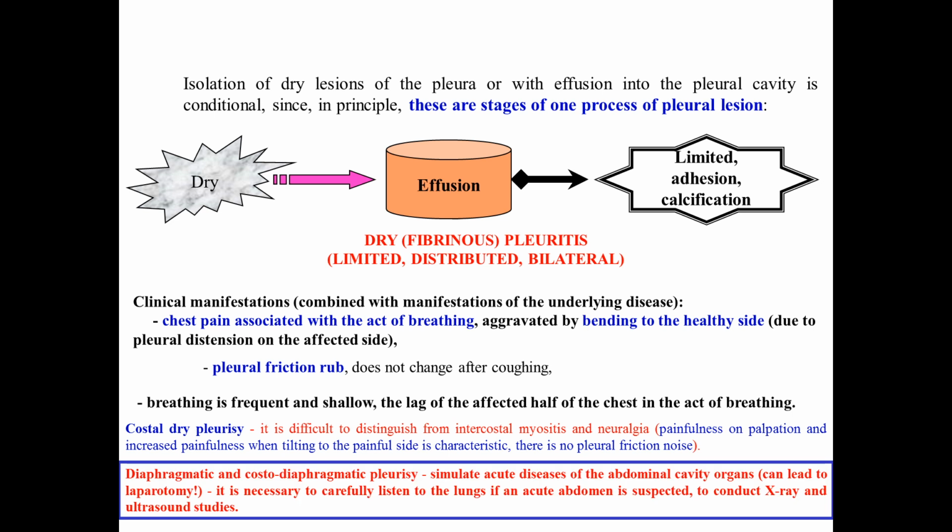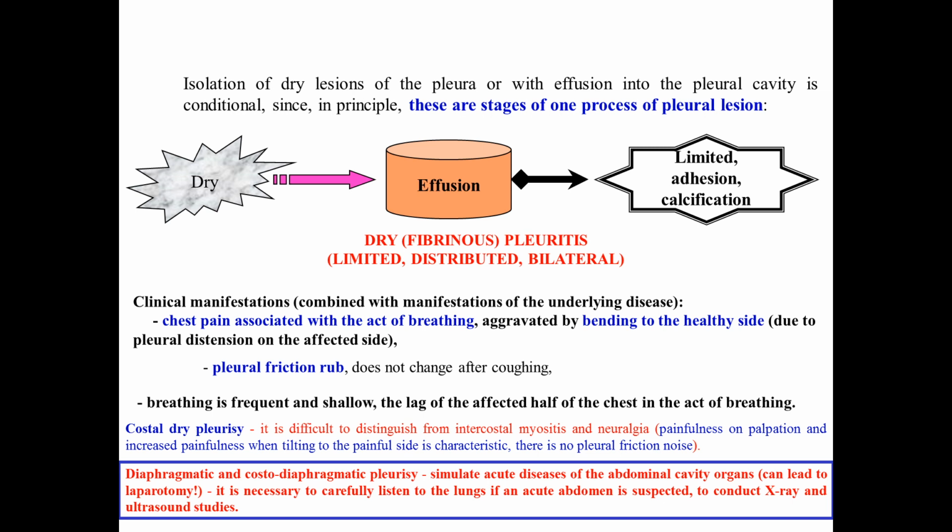Also, costal dry pleurisy is difficult to distinguish from intercostal myositis and neuralgia. If you are suspecting intercostal myositis and neuralgia, you should know that painfulness on palpation and increased painfulness when tilting to the painful side is characteristic. There is no pleural friction noise in myositis and neuralgias.